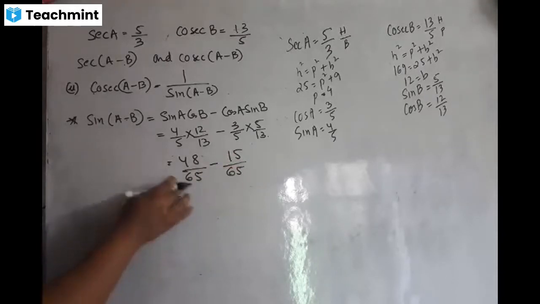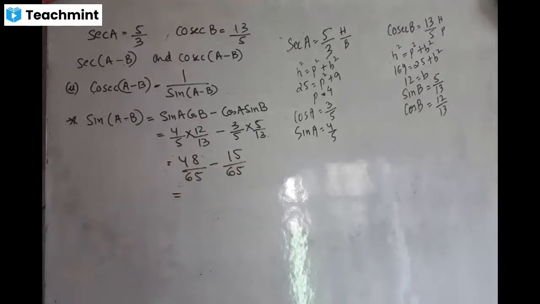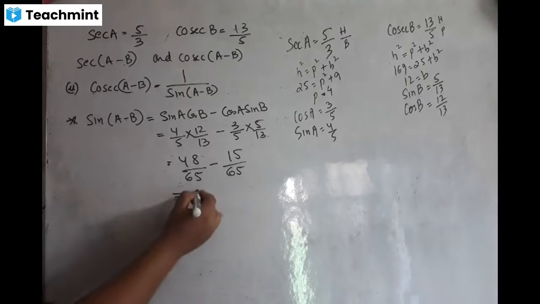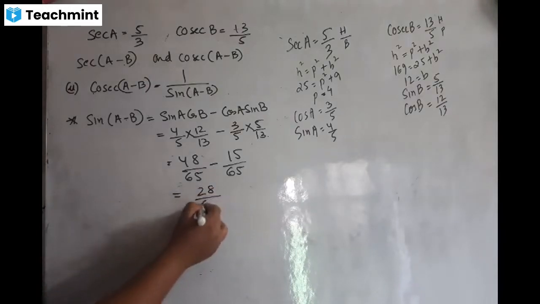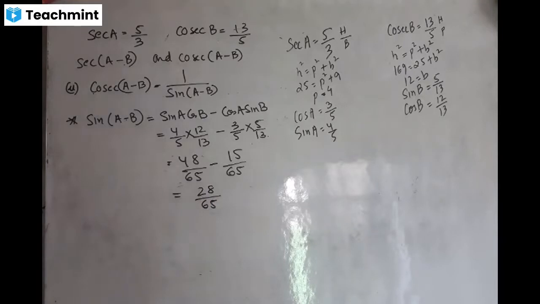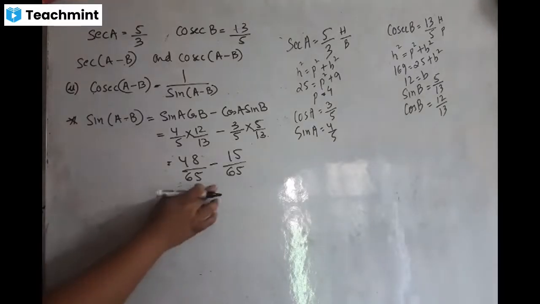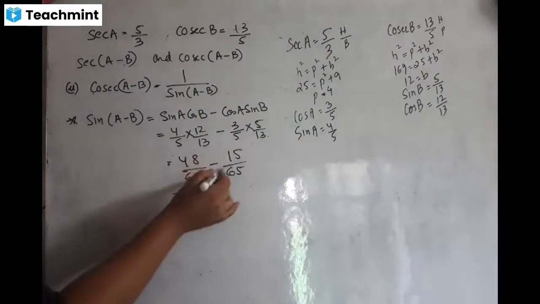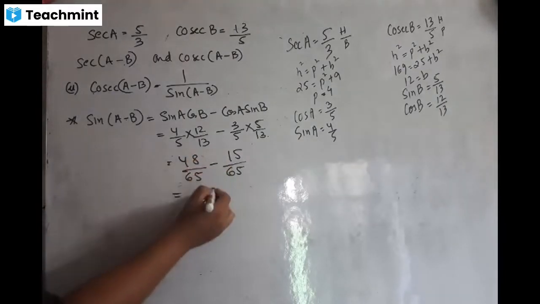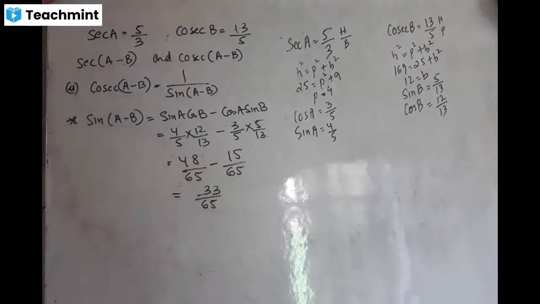So when you subtract, how much do you get? Subtract 5, 6, 7, 33 by 65. 33, sorry, 33 by 65.